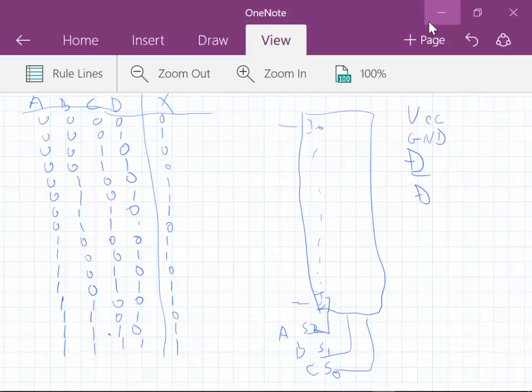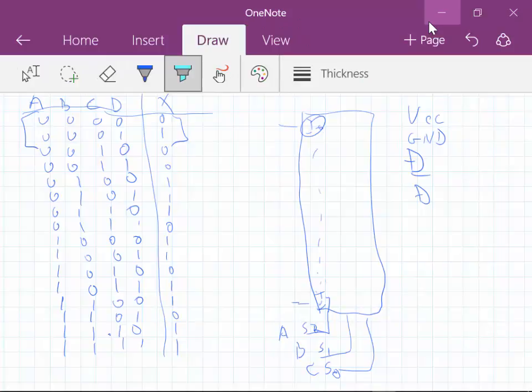And when I look at I0, it is selected when A, B, C are all 0, right? So that's these two right there. Does everyone see where I'm pointing that out? As you look at the top two lines, A, B, C are all 0, right?